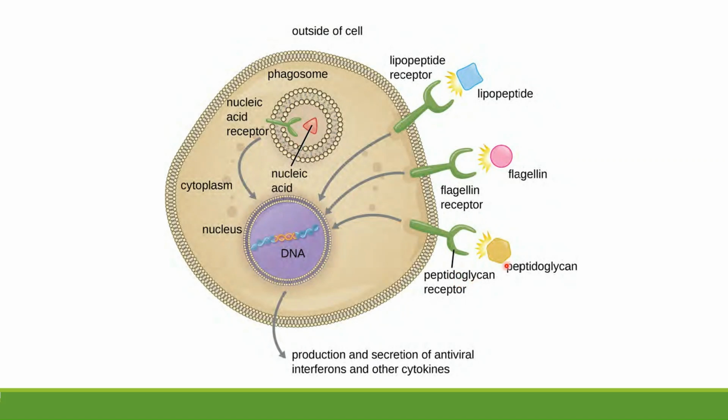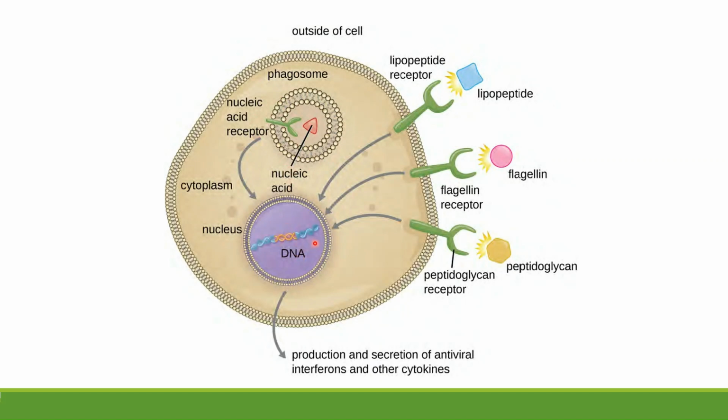I really wanted to focus on this one, which is unique in that it's on the inside. Here we have the nucleic acid inside the phagosome, and this includes viral RNA or DNA, which is different and unique from the host DNA.